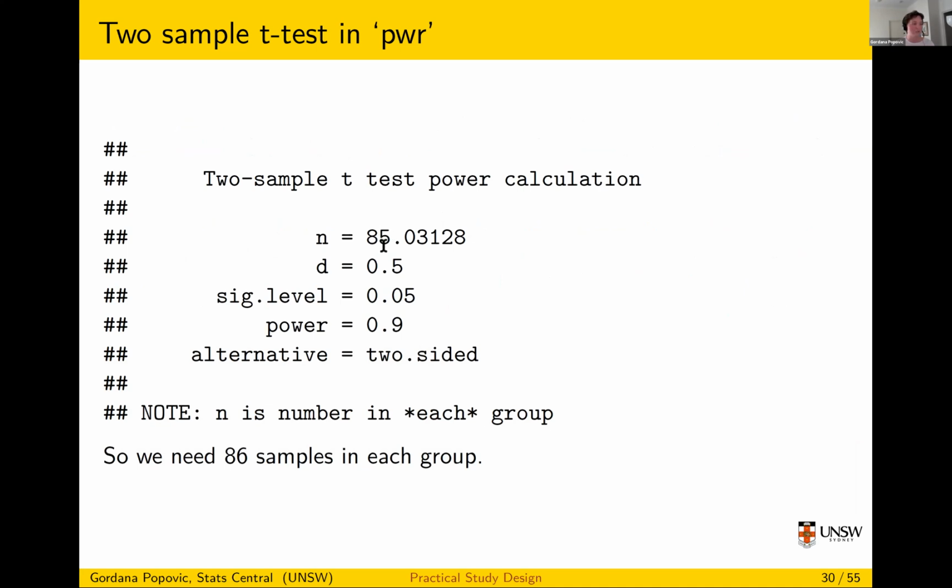So 86 in each group to be safe is what I need in order to find this effect, to have a 90% chance of declaring significance. Okay, I'll stop there for questions.